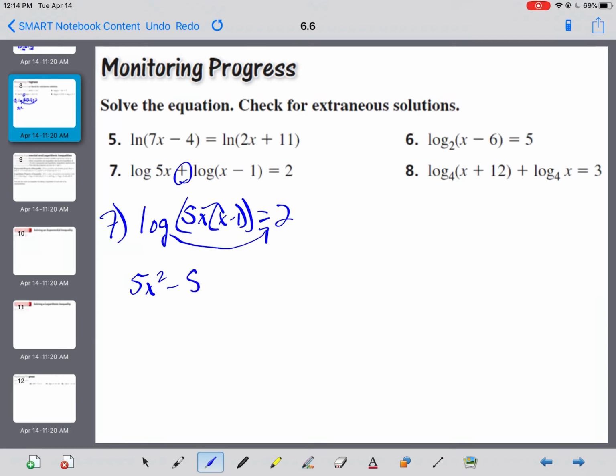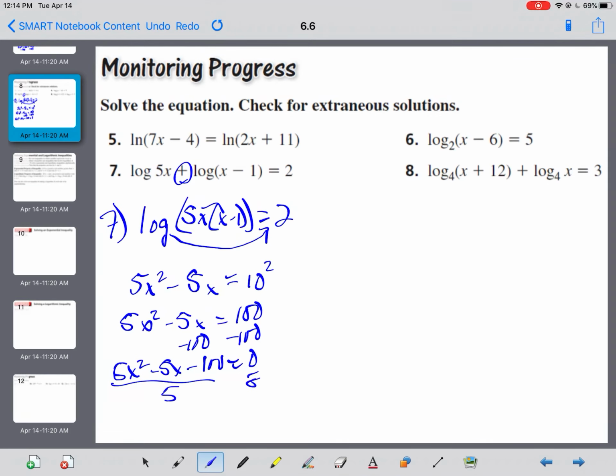I'm going to move the 10 over, so it becomes 5x squared as I multiply these in, minus 5x equals 10 squared. 5x squared minus 5x equals 100. Move the 100. 5x squared minus 5x minus 100 equals 0.